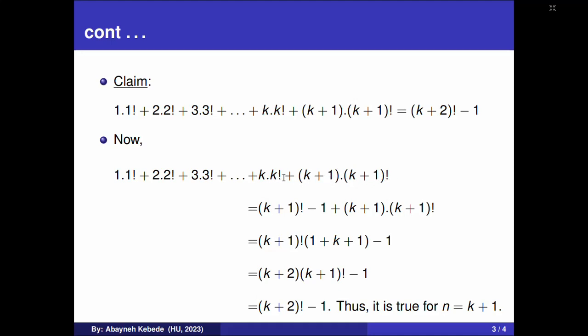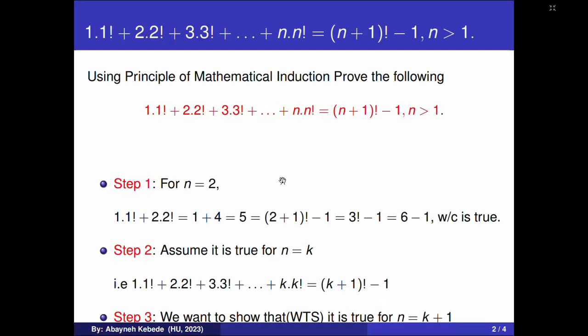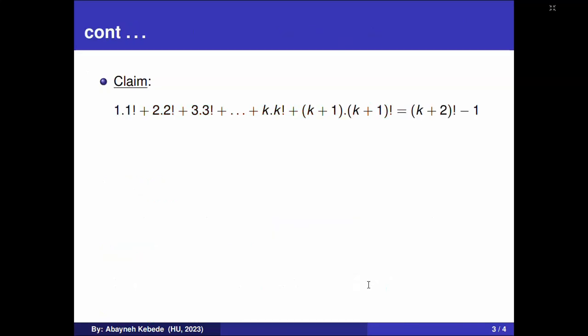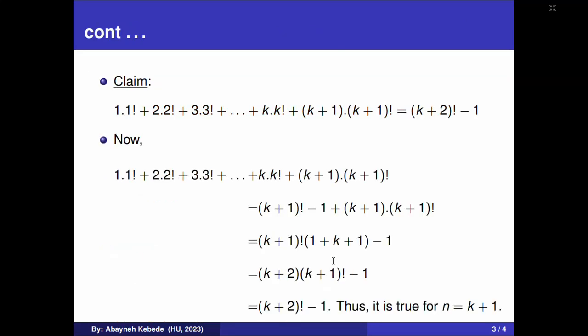Dear students, these expressions from step 2, that means 1 times 1 factorial plus 2 times 2 factorial plus 3 times 3 factorial plus k times k factorial, are the same as what? (k plus 1) factorial minus 1. So we replace that expression by (k plus 1) factorial minus 1.